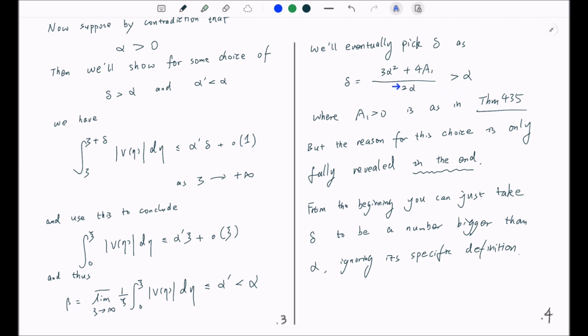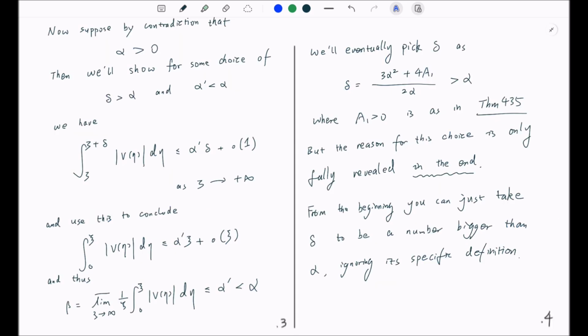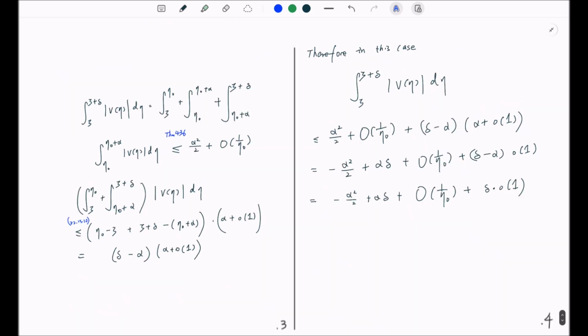We already know alpha as a supremum of the absolute value of v of c is finite. This is a fixed absolute constant. And so is delta. Therefore, you can throw away this absolute constant.